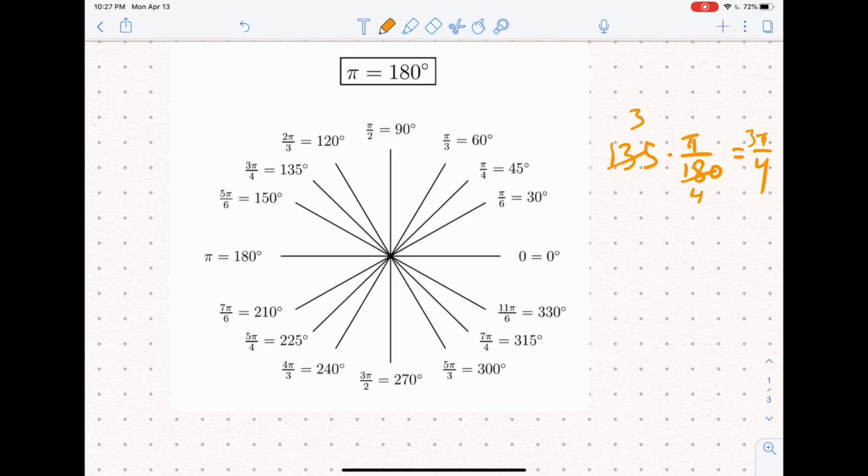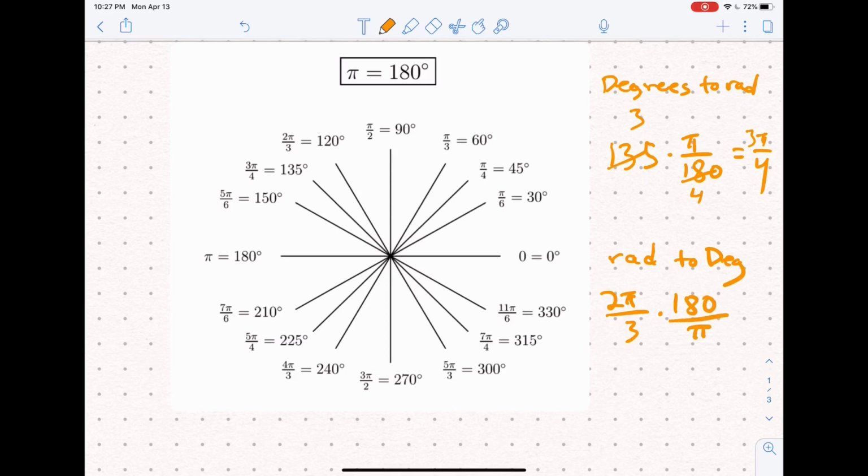Similarly, this one was from degrees to radians, and then of course the other way is from radians to degrees. If we have an angle in radians, for example, the angle 2 pi over 3, what we do to convert is multiply by that same fraction but flipped over, 180 over pi.